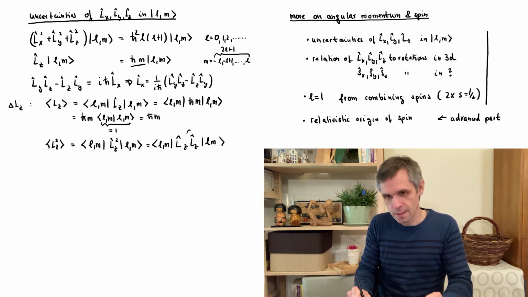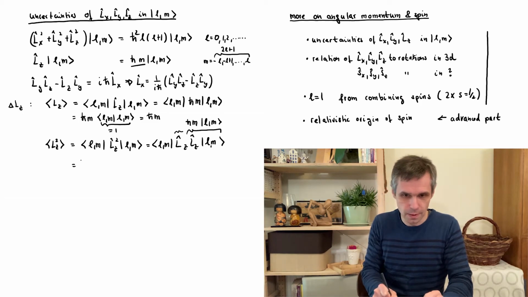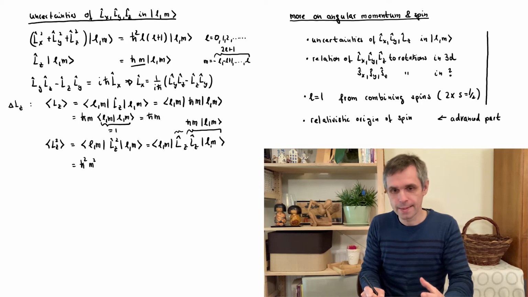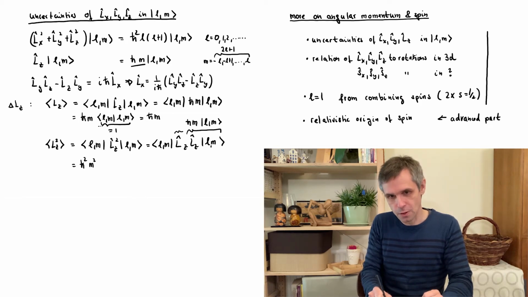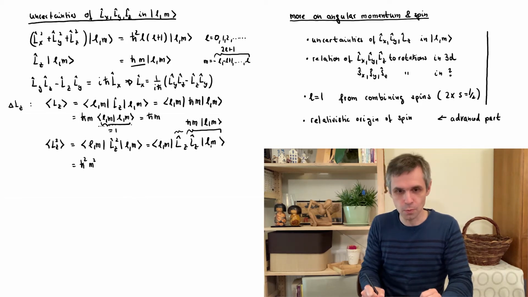And in the first instance, this just again becomes h bar times m times this state. But this is again a number that we can pull to the front, and then we can apply this operator once more. So at the end we obtain h bar squared times m squared. And then again this expression here, which just becomes 1.